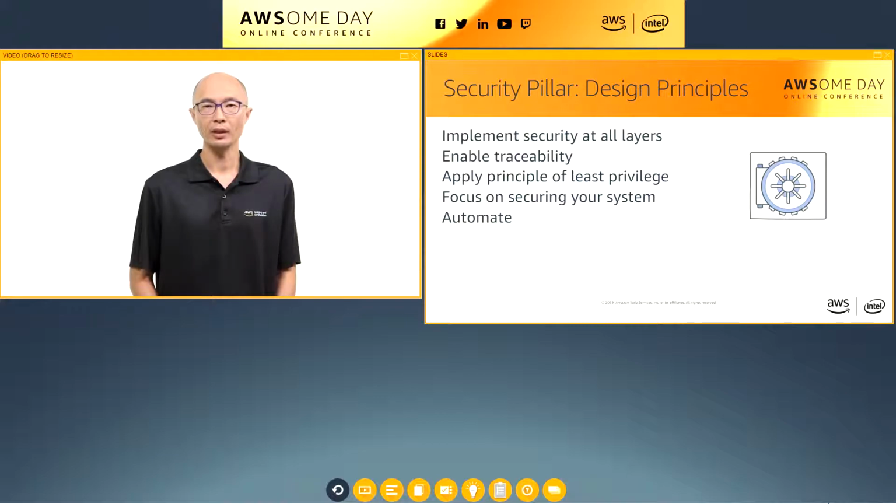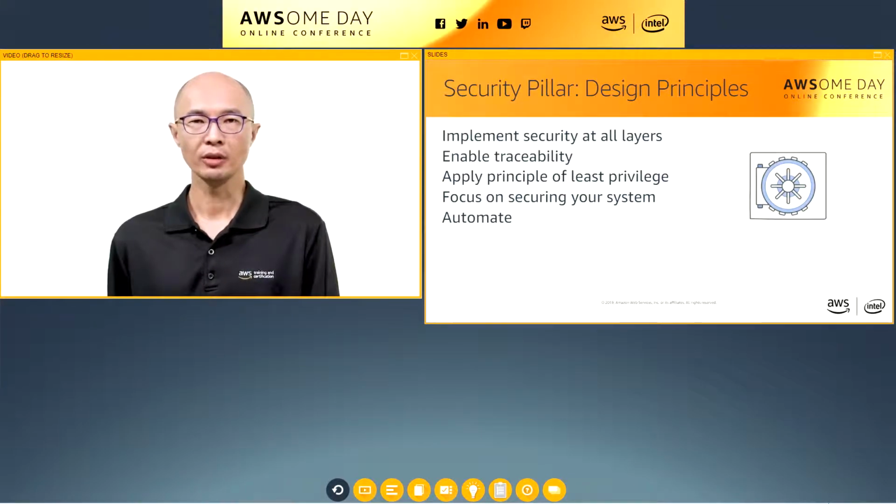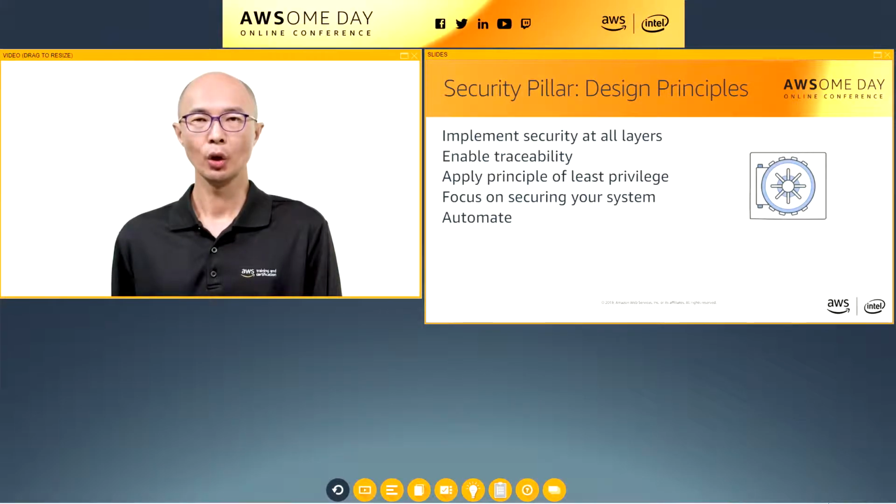Software-based security mechanisms improve your ability to securely scale more rapidly and cost-effectively. For example, create and save a patched, hardened image of a virtual server so that when you need an image, you can use that image automatically to create a new instance. Another best practice is to automate the response to both routine and anomalous security events.